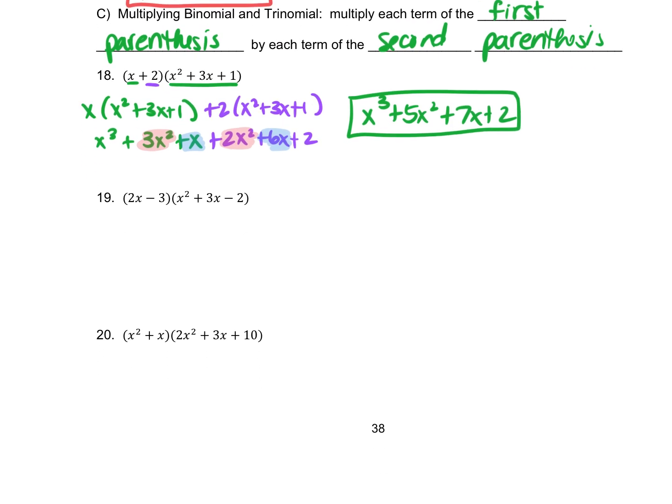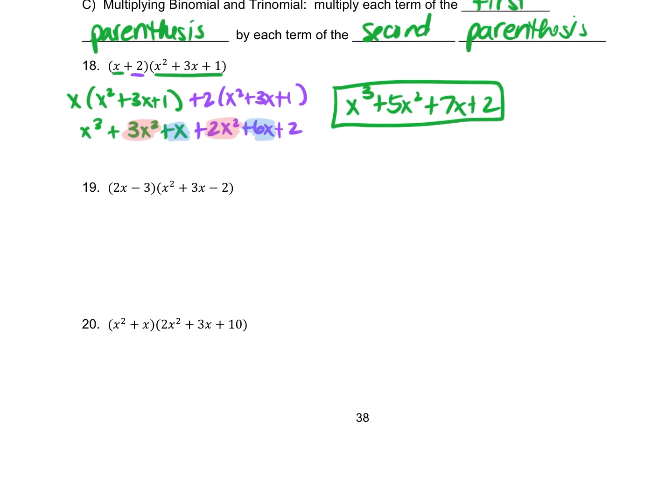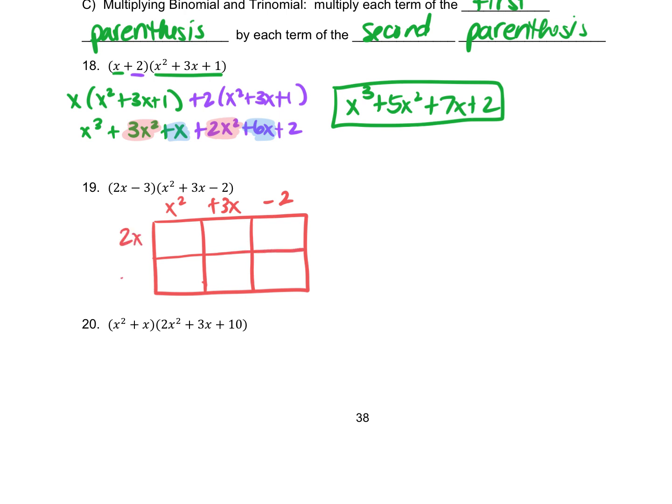Another way that some people might find easier is what I kind of refer to as the box method. So if you draw a box, this breaks it up into 3 pieces because we have x squared plus 3x minus 2. And then we break this way for 2x minus 3. Inside each box, the first one, we're going to multiply x squared and 2x to get 2x to the 3rd. Then we're going to multiply 3x times 2x to get 6x squared.